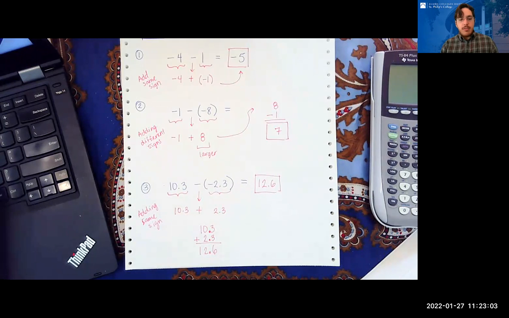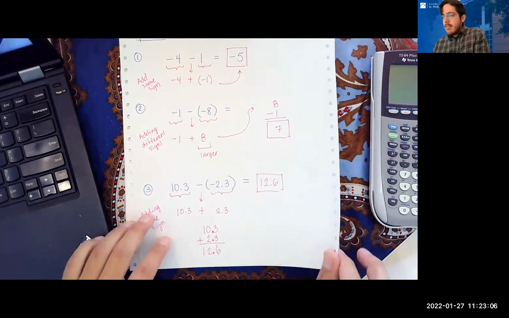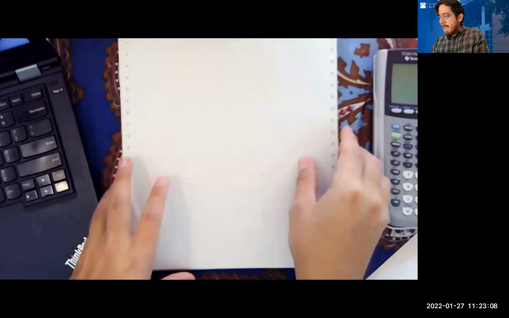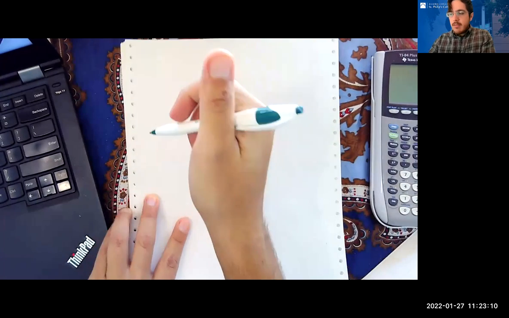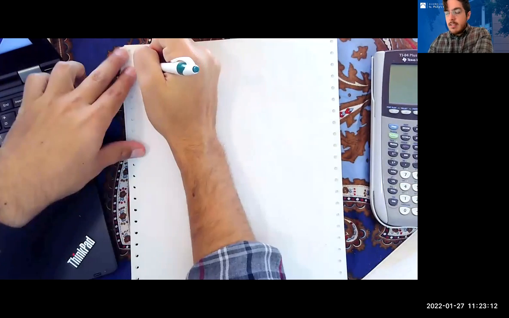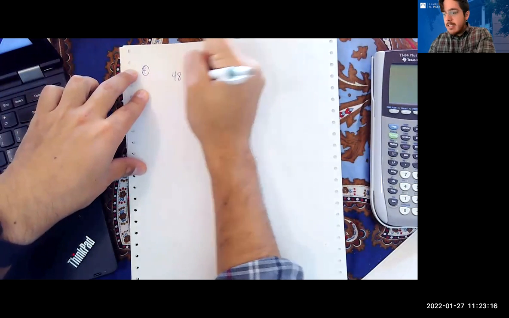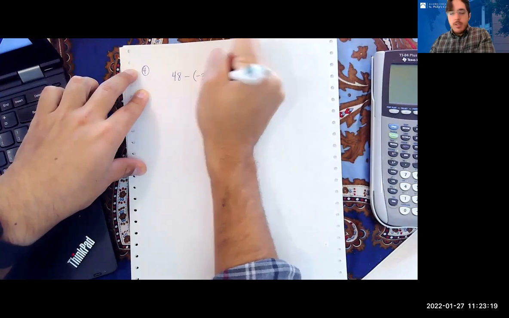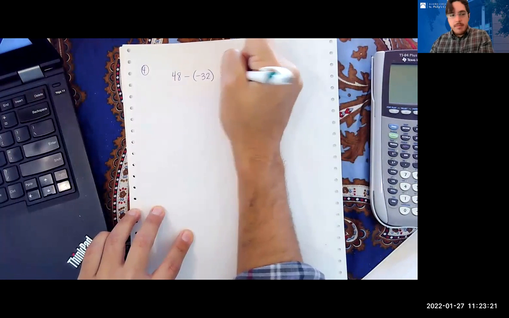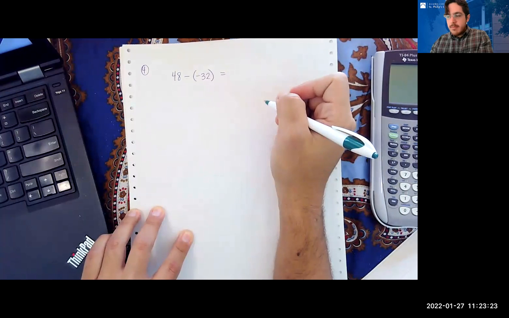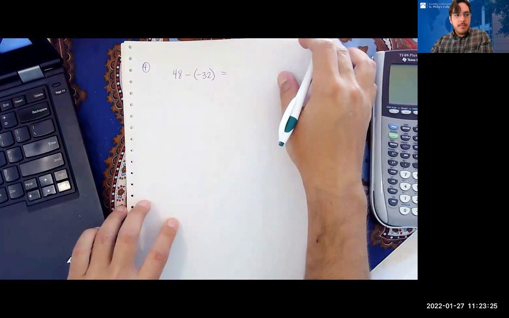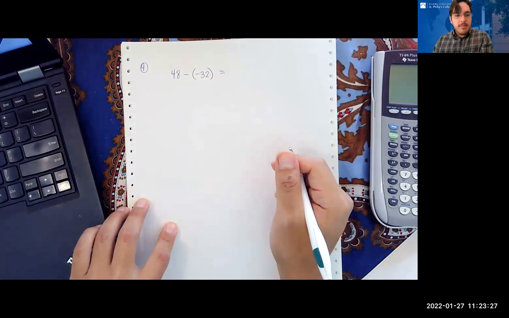So let's do a few more of these. 48 minus negative 32. What should this be? $80.